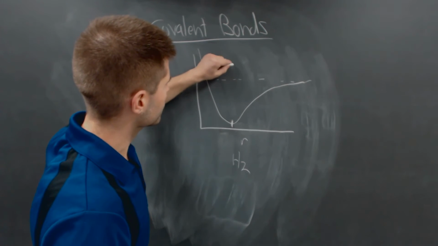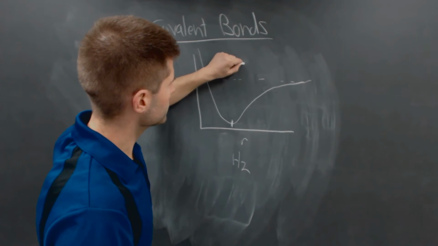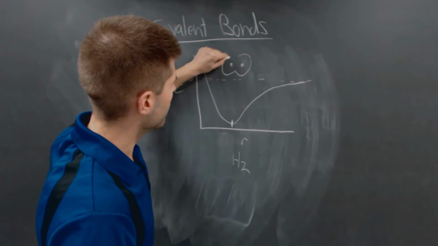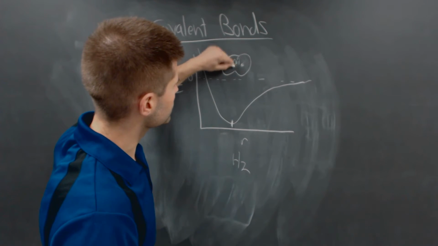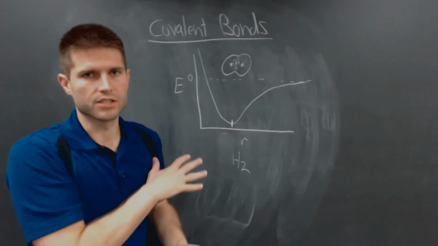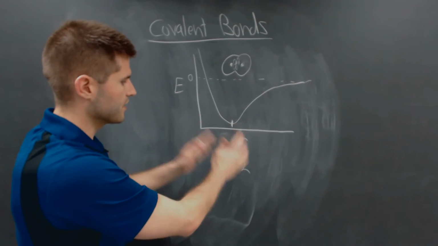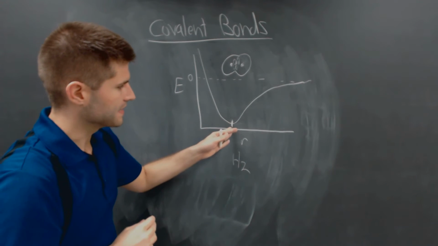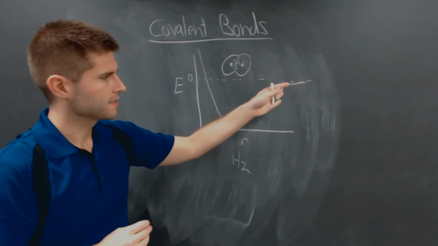I'm going to draw it up here. We have the nuclei. We're going to have a sharing of electrons. The electrons are generally going to be in the middle somewhere, but it's a neutral position. There is no extra energy. The hydrogen molecule is happy being in this position. That is at the base, the very bottom of this plot.